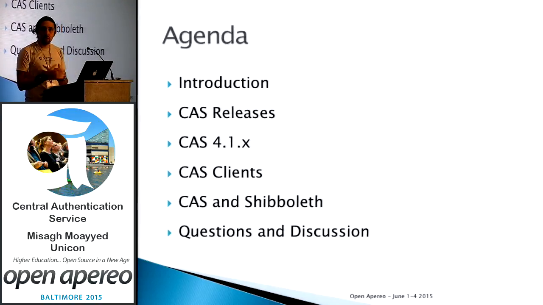Like I said, we'll talk a little bit about CAS Clients and the changes that have come to pass. We'll focus also a little bit on CAS integration strategies, in particular as it relates to Shibboleth and SAML and identity providers and all that good stuff. And hopefully there will be some time at the end for questions and discussions.